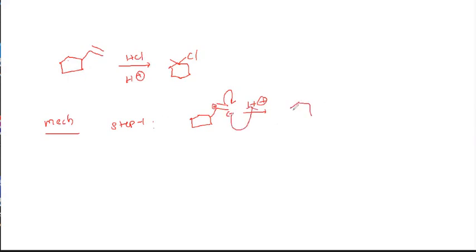Then here H, right? This is getting the positive charge. Here an adjacent carbocation is there, so ring expansion is possible. This bond moves in this direction. Then what happens? This gets the positive, this one gets the negative.